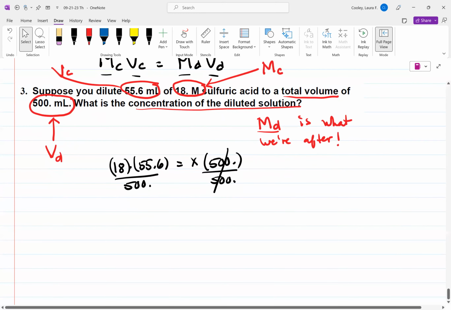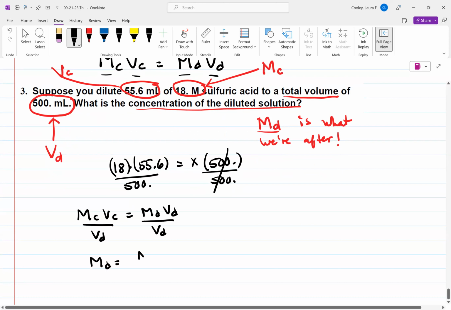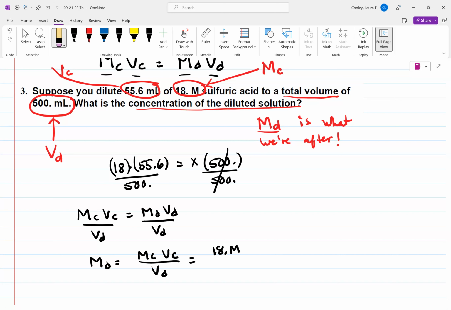So it works out. Well, the way I would solve this problem is I would solve this equation for MD by dividing both sides by VD. So I would have MD is MCVC over VD, and it would be exactly the same: 18 molar times 55.6 milliliters over 500 milliliters.